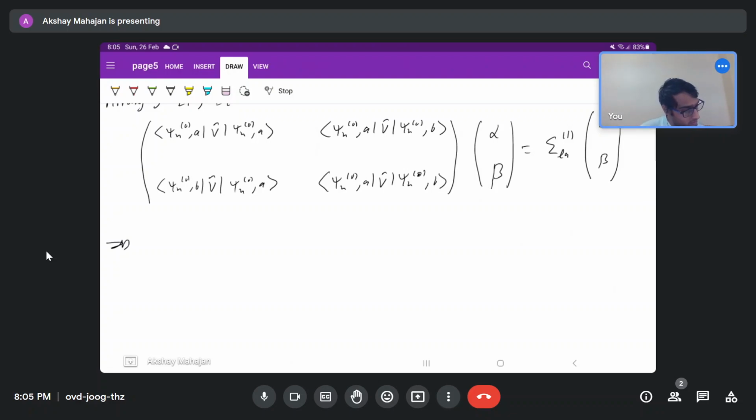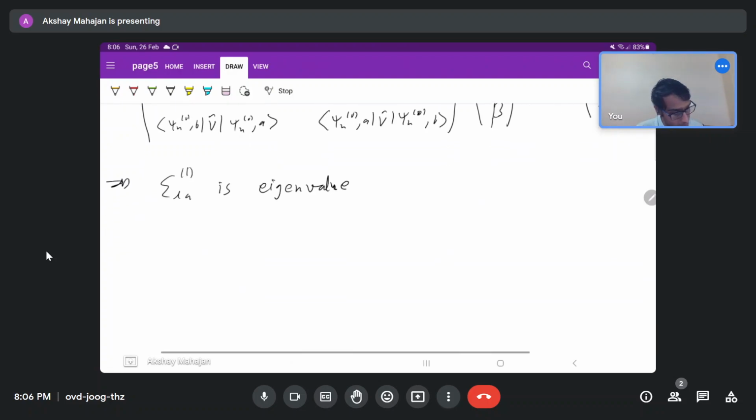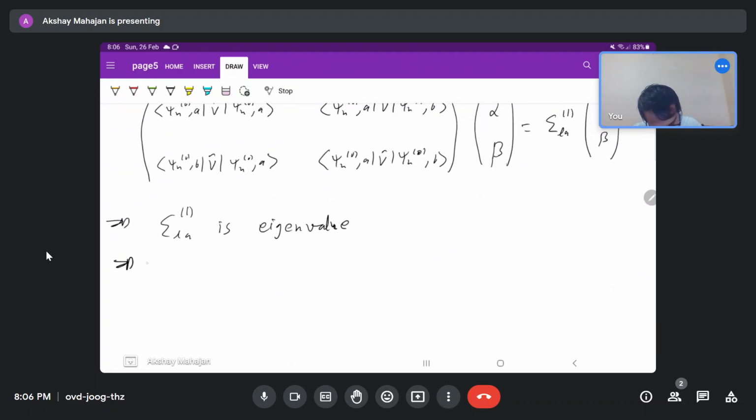So this says that epsilon n of the first order is the eigenvalue, and we have expressed V cap in the degenerate space.